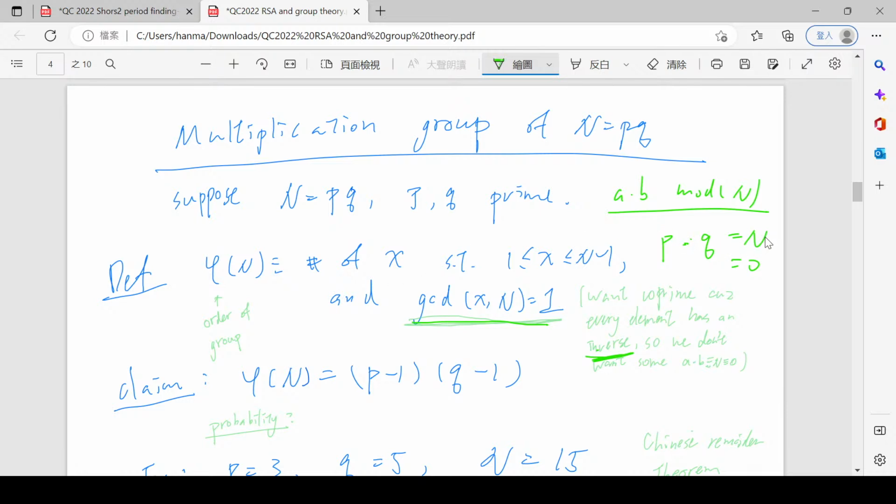So n should not be in your group, p and q should not be in your group, and any multiple of p and q should not be in your group. Okay. So that's the idea. So the elements in your group are things that are co-prime to n.